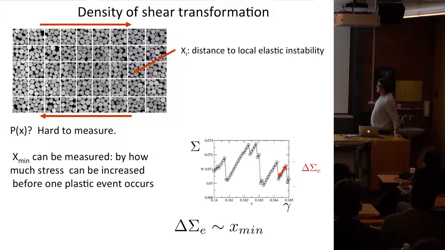Okay, it turned out that P of x itself, well, you could try to measure it like that by decomposing the system in blocks and trying to get xi. And actually, there are recent papers that claim that they can do it like this. What's problematic when you do that is that typically people pin the boundaries of those blocks, and if you pin the boundaries of the blocks, you actually stabilize it.